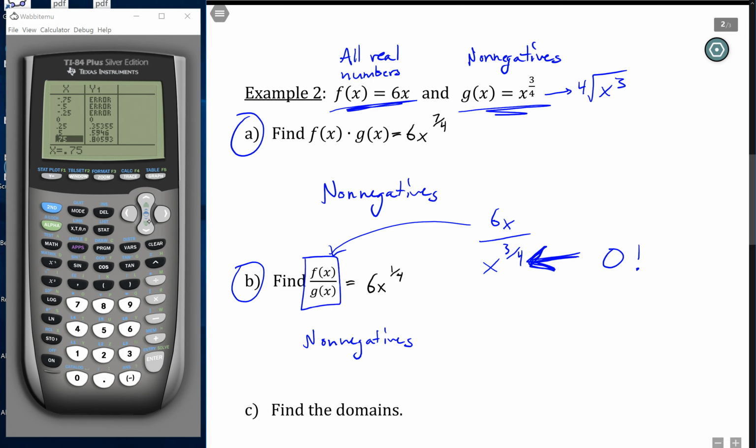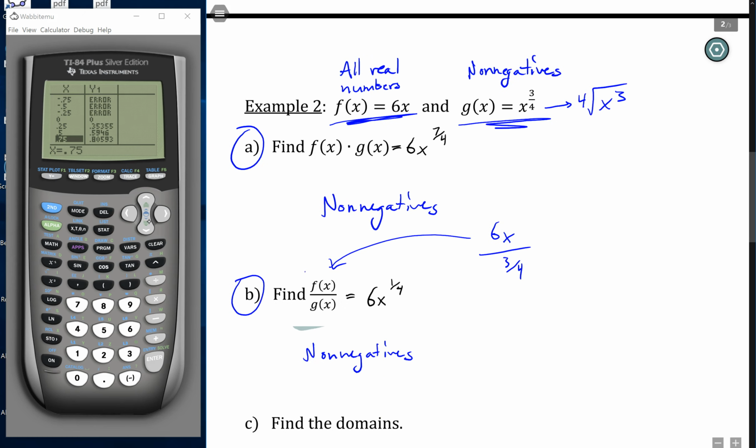And since I'm specifically defining my function as f of x over g of x, if I can plug anything into g of x that gives me 0, then my function doesn't work.